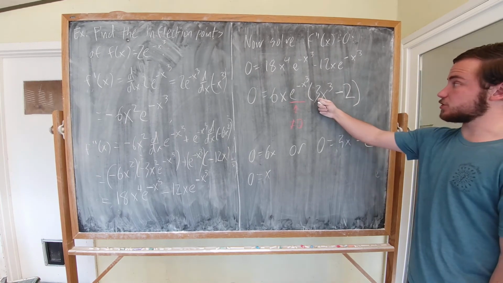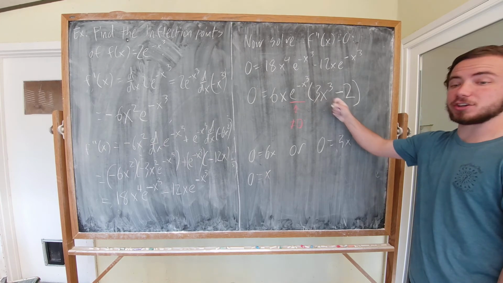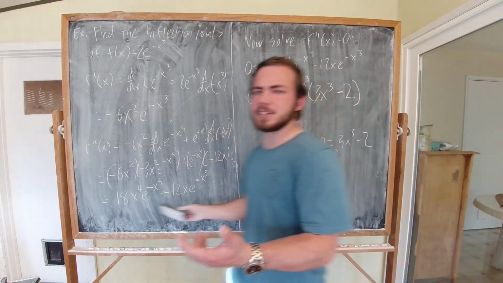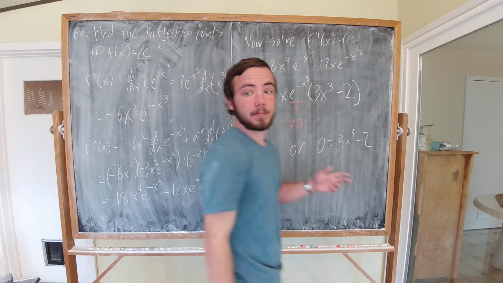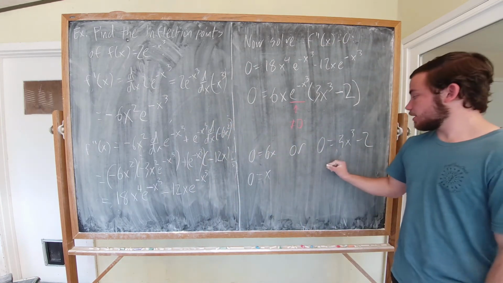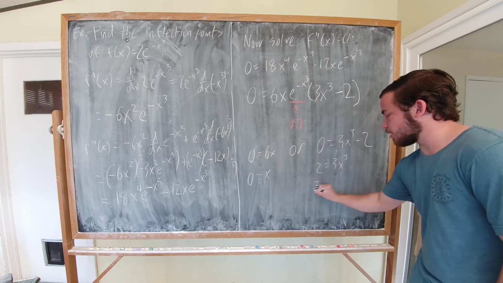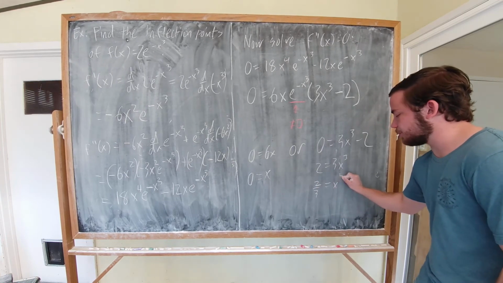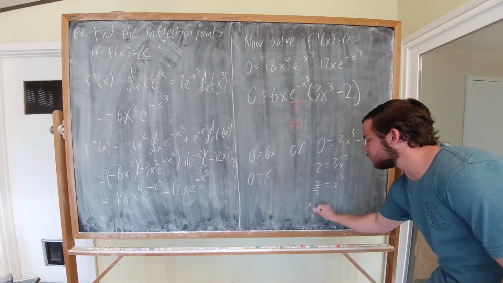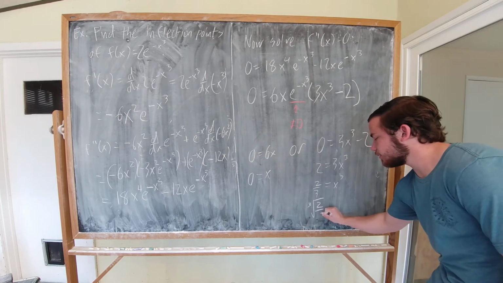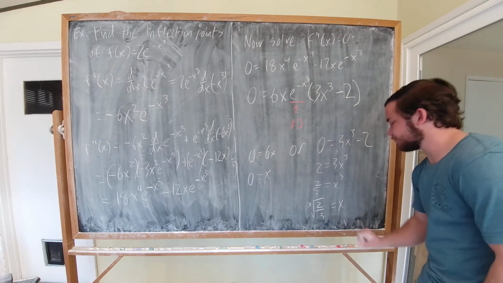We also have the chance that 0 is equal to 3x cubed minus 2. That's the only other place a 0 could be by a factor. Which means 2 is equal to 3x cubed, 2/3 equals x cubed, so x is the cube root of 2/3.